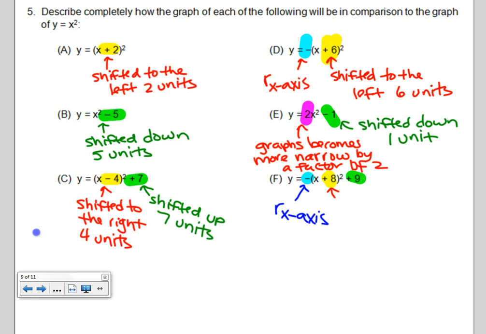Okay, inside is either left or right movement, plus is the opposite way, so this is shifted to the left 8 units. And then the +9, the number at the end is always the plus or the up or down movement, and this means it got shifted up 9 units.